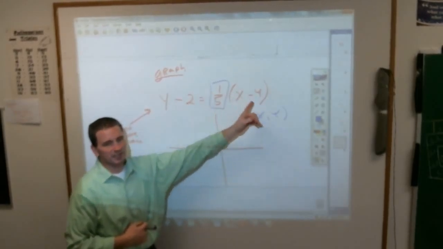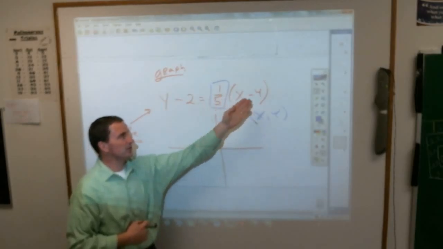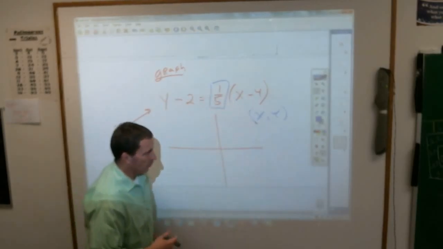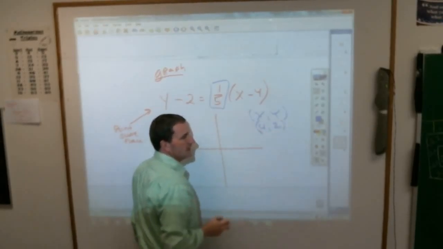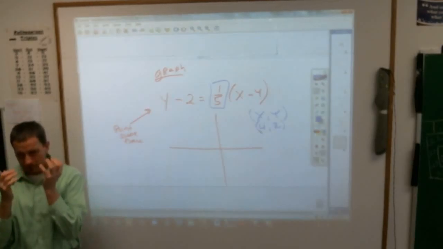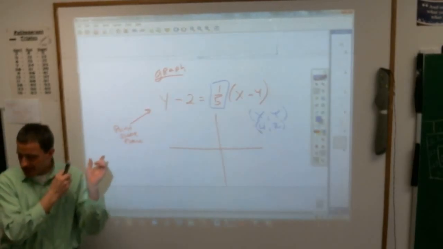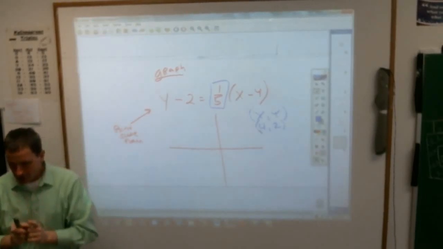This is my y point, that's my x point. This is my x point, that is my y point. (4, 2). That's the point I know. Please be careful, children. Look up here and gaze deeply at the board. Here is where you will go wrong on this if you go wrong.